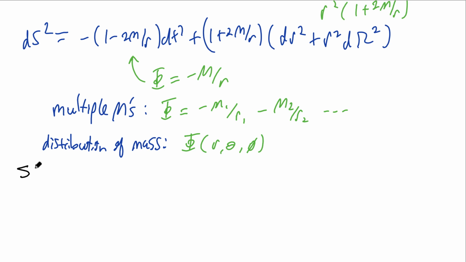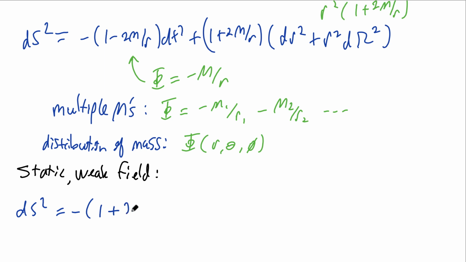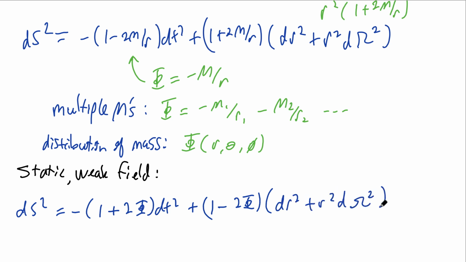So the static weak field metric is ds squared equals minus 1 plus 2 phi dt squared plus 1 minus 2 phi times the spatial metric, dr squared plus r squared d omega squared.